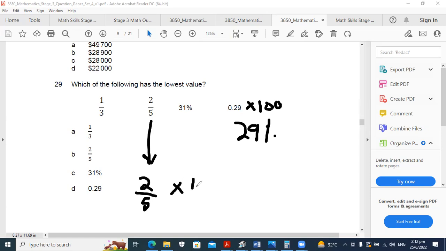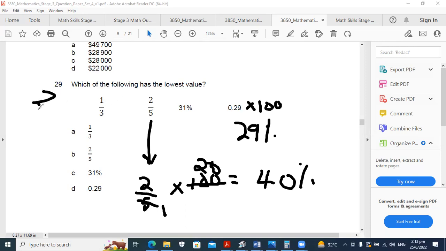Just times it by 100. 5 into 20 goes 4. So that's actually 40%. And then 1/3 now, if you times it by 100, you get 33.33.